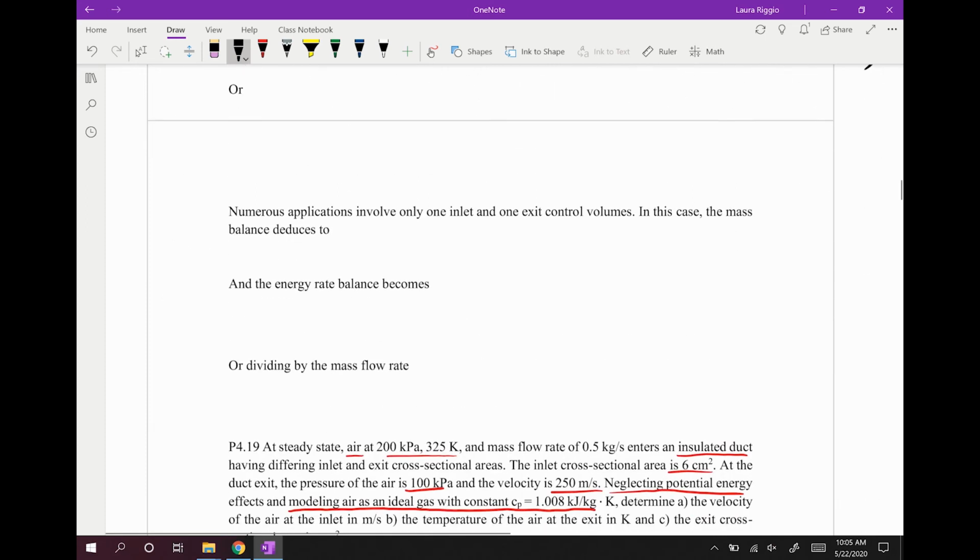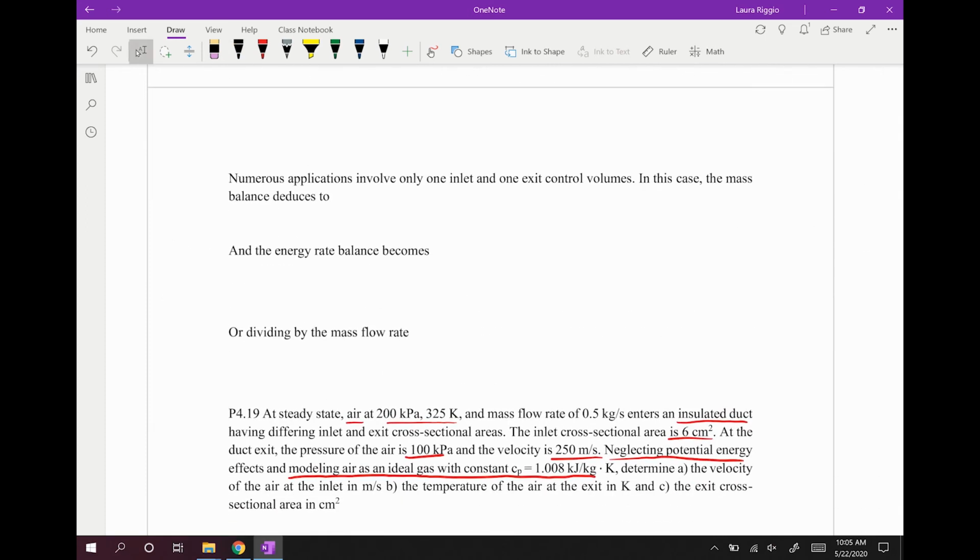There are many applications that we're going to cover that only have one inlet and one outlet. If we only have one inlet and one outlet, our mass flow rate in is equal to our mass flow rate out, which is just equal to our mass flow rate.